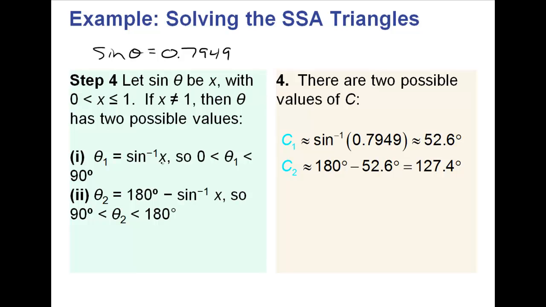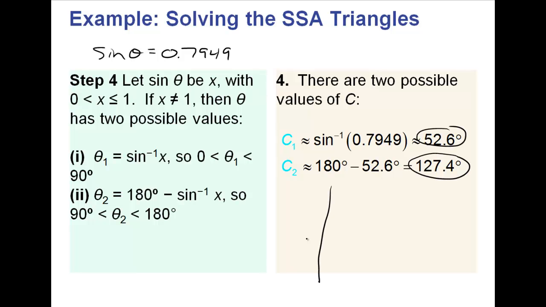Sine inverse is going to give us the angle that's between 0 and 90, and then we can also do the other version: 180 minus it, and get the other angle. So here are our two results. We do inverse sine of this and just get 52.6 degrees, and then we know that 180 minus that is the other angle.